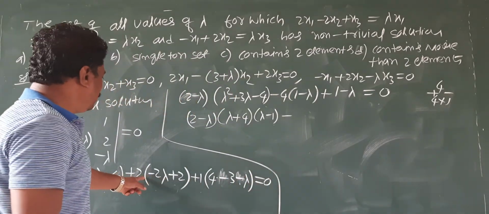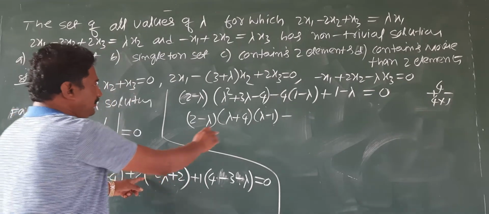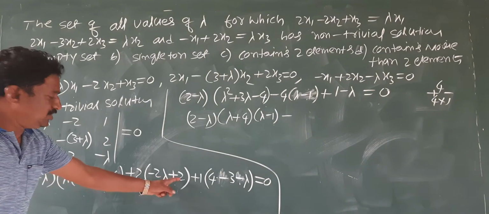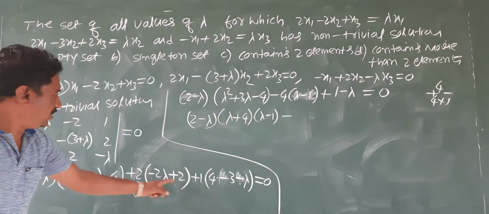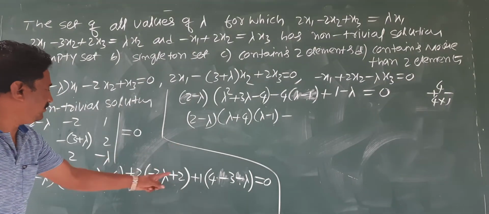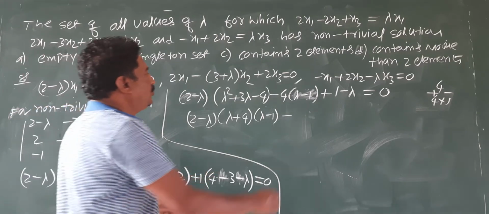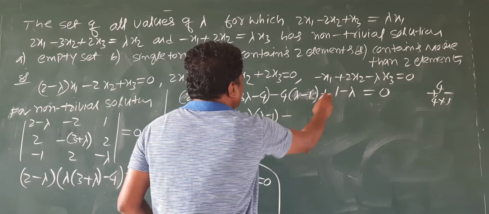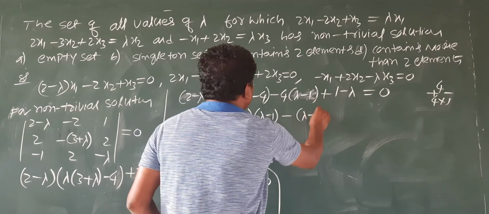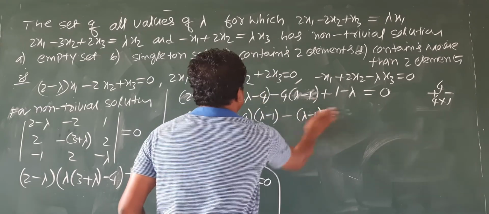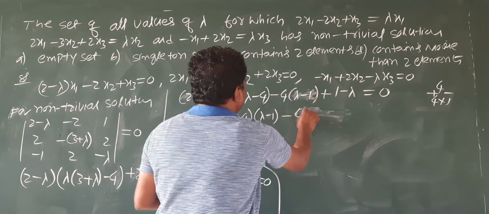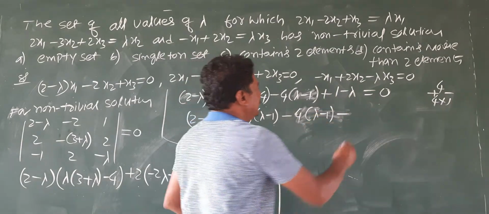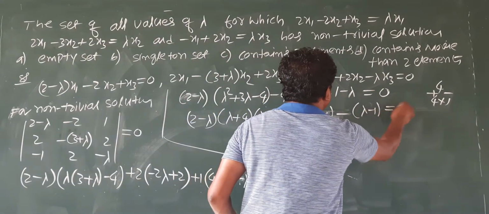Minus has been removed: −(λ − 1). I removed −2 plus (λ − 1), correct? −4, here you remove 1 more, 1 − λ. So remove 1 minus, you get λ − 1. −4(λ − 1). You remove 1 minus from this: −(λ − 1) is equal to 0.